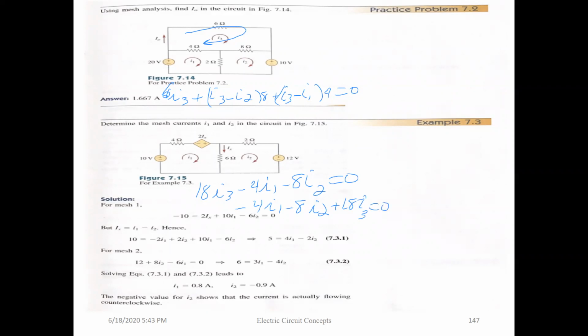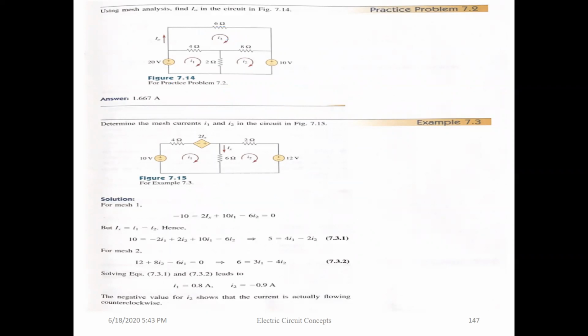So these are the three equations we need to solve. But again, I'm not requesting you in this course to solve for 3 by 3. The only thing I want you to know and understand is how to solve the 2 by 2 equations, or 2 equations simultaneously, to find I1 and I2.